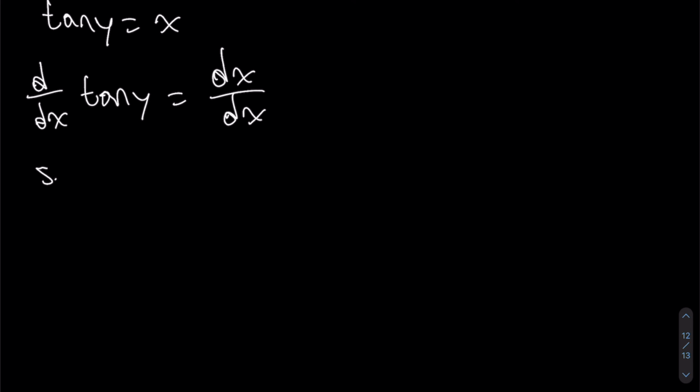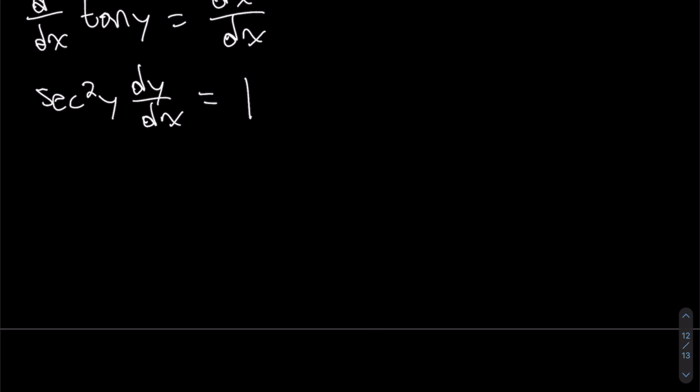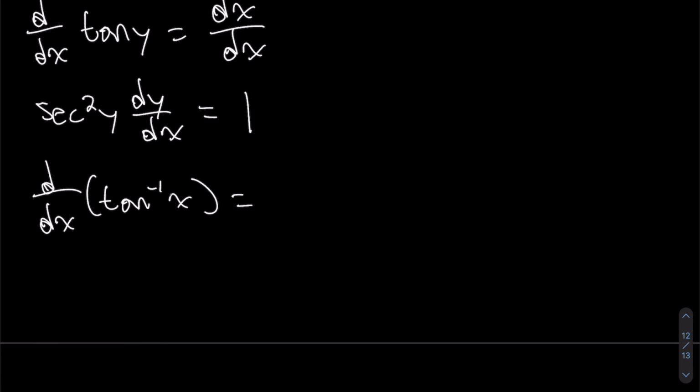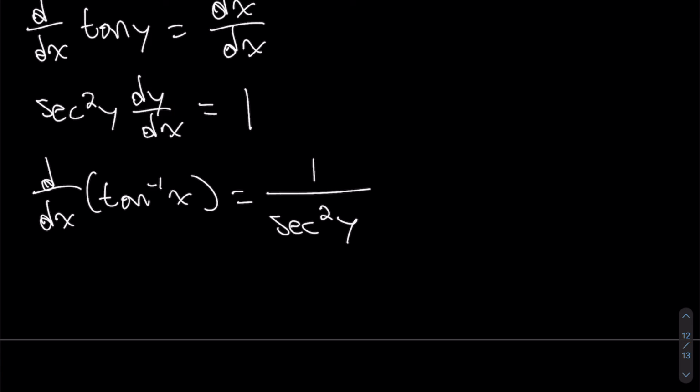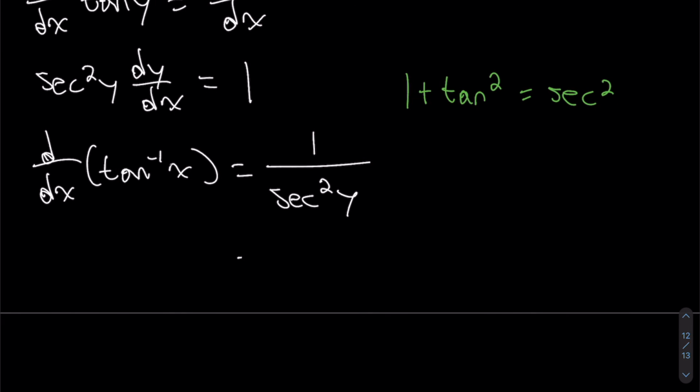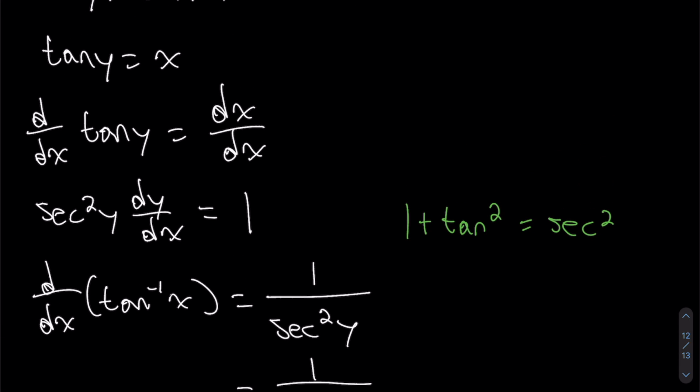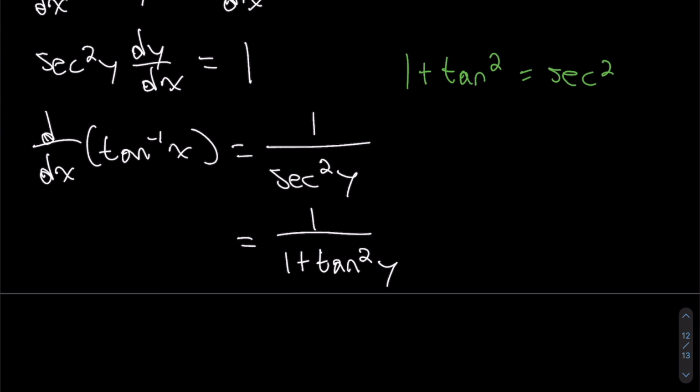Derivative of tan y is secant squared of y times dy by dx, which equals 1, which means d by dx of y, which is tan negative 1 of x, equals 1 over secant squared of y. And remember that identity, that 1 plus tan squared equals secant squared. So this is the same as 1 over 1 plus tan squared y. And tan y is x. So this is equal to 1 over 1 plus x squared.